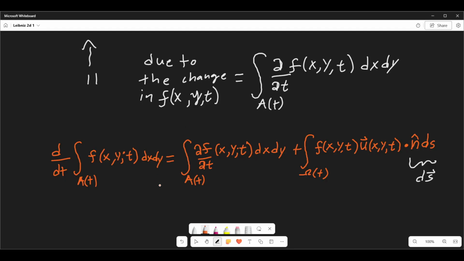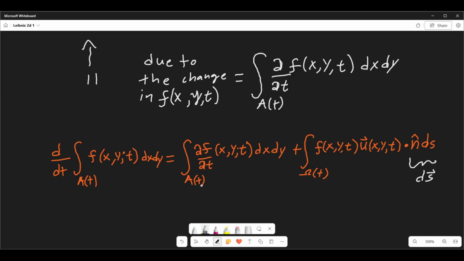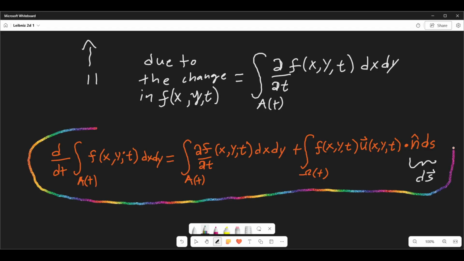So that is the 2D version of Leibniz Rule, which will be important in deriving the Euler equation. In fact, that's most of the work actually involved in deriving the Euler equation right there.